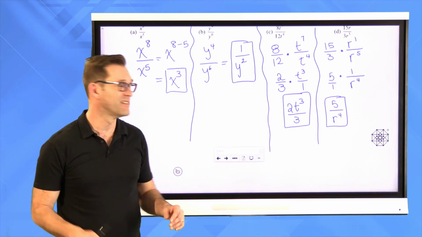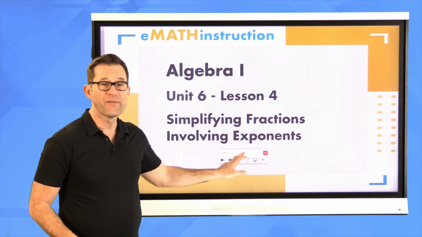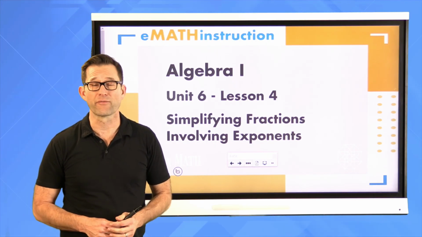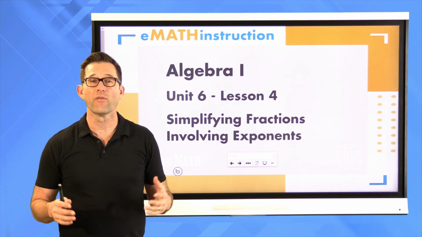All right, let's summarize. So today, we used properties of exponents along with what I would claim is the fundamental property of multiplying fractions to simplify fractions that involve exponents.